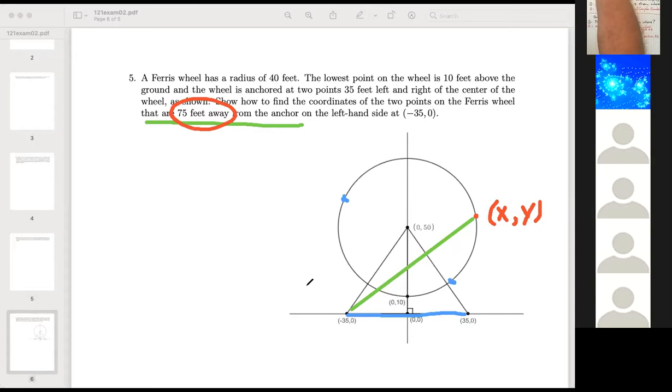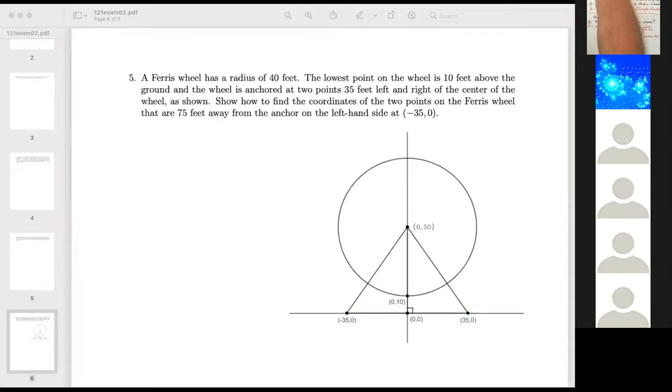I'm not trying to block you from thinking anything, but with the example I showed you in the book, with this kind of thinking, it is very believable that you can find the points that are 75 feet away, wherever they are. So that's the best assistance I think I can give you. Let me go back to our paper.